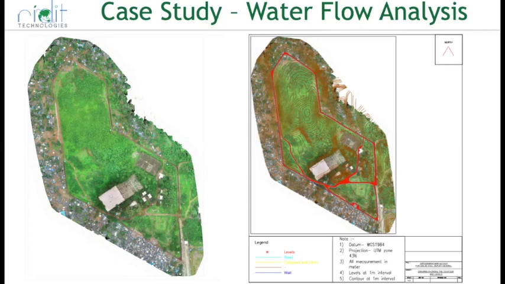Two of the retaining walls collapsed, and because of that there was a loss of human lives. We were hired by the consultants to first do a contour survey, and second, they also wanted a water flow analysis to find from where all the waters contributed to the damage of these walls.